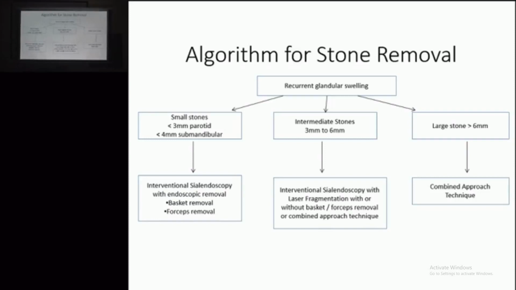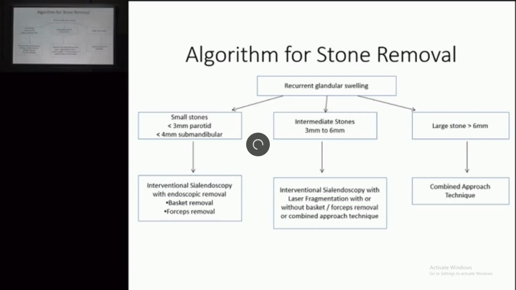But if it is impacted and not palpable and not visible, then you need to do a lithotripsy and then try, if it comes out with that, fine, otherwise you can then go ahead and do an endoscopy. And once again, if you are not able to get it out and it's symptomatic, then you need to go ahead with the removal of the gland.